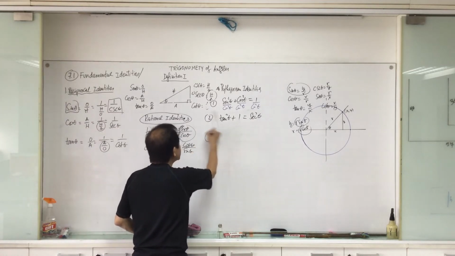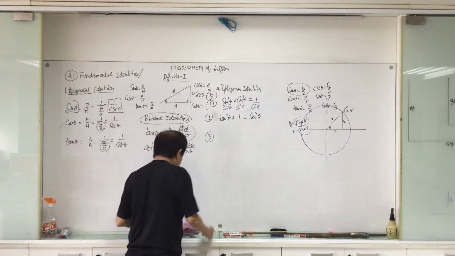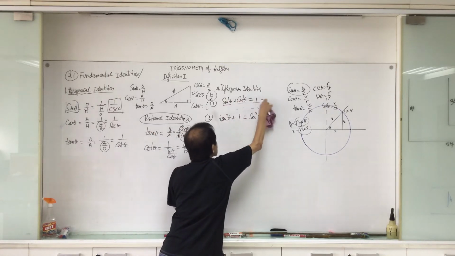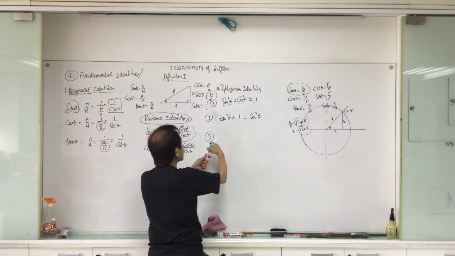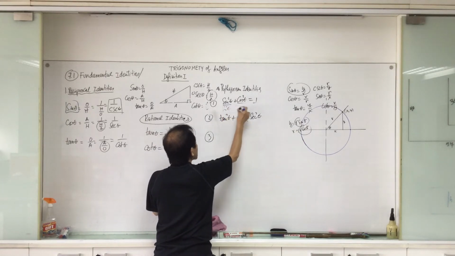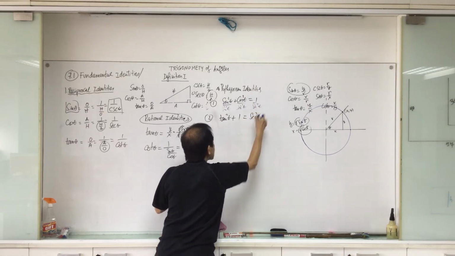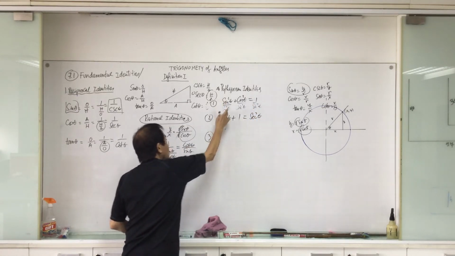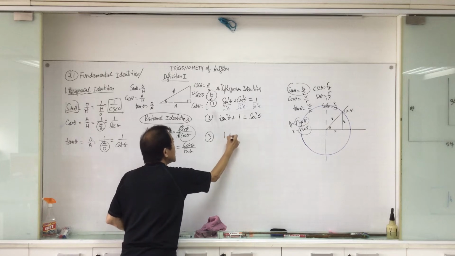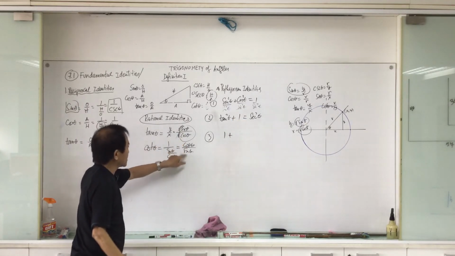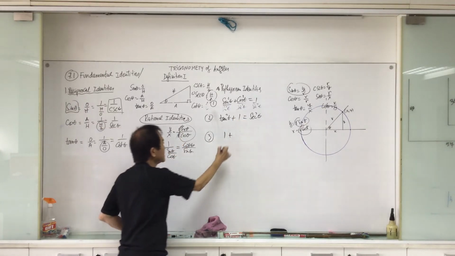So number 3. If you divide by sine squared theta, instead of cosine squared theta, now we divide everything by sine squared theta. What do we have? Sine squared divided by sine squared equals 1. Cosine squared divided by sine squared equals cotangent squared.